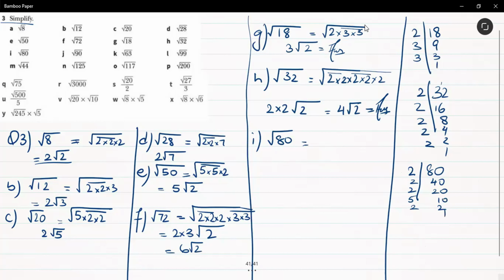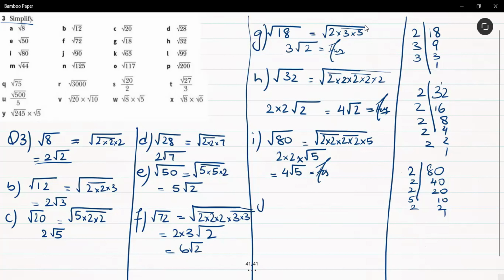So under root 80 is equal to 2 multiplied by 2 multiplied by 2 multiplied by 2 multiplied by 5. So we have four 2s and one 5. Two pairs of 2 multiplied by 5 gives 2 multiplied by 2 multiplied by under root 5. So that would give me 4 under root 5 as the answer for part I.